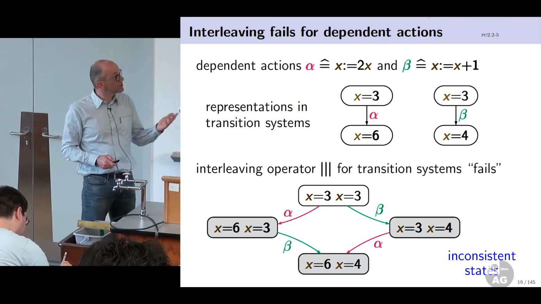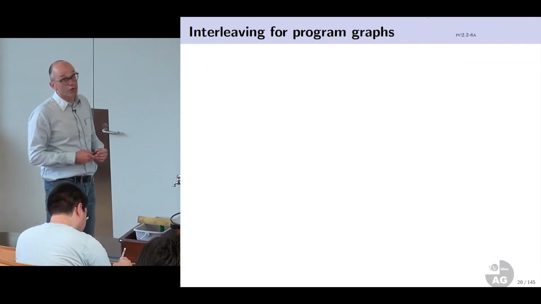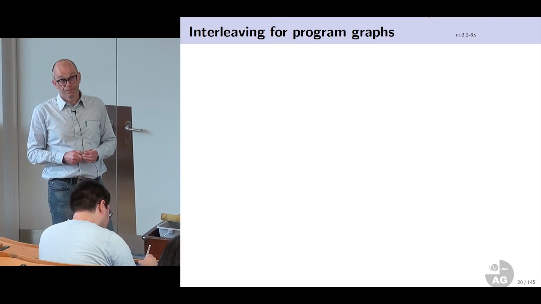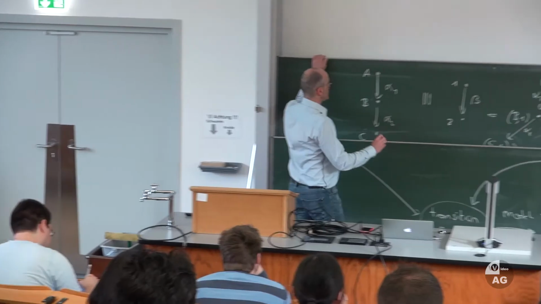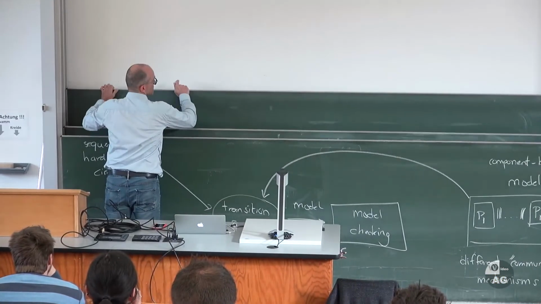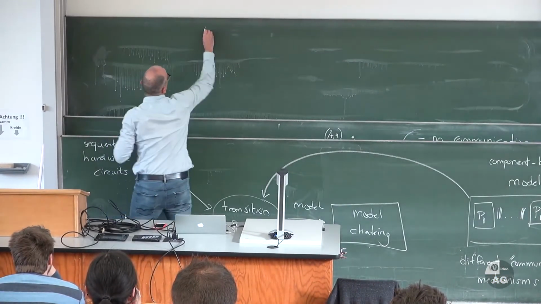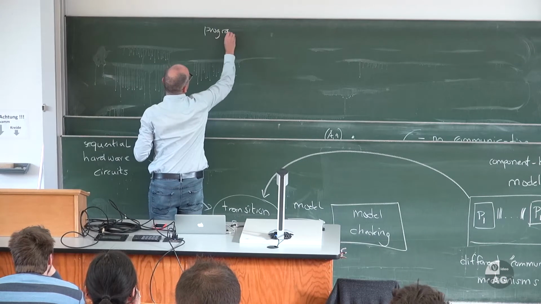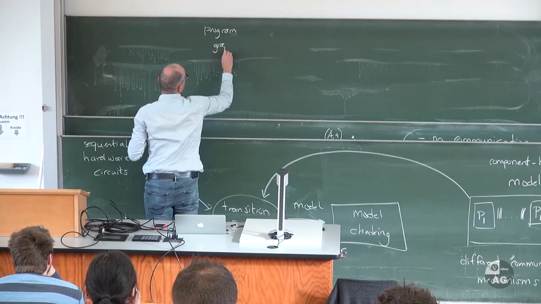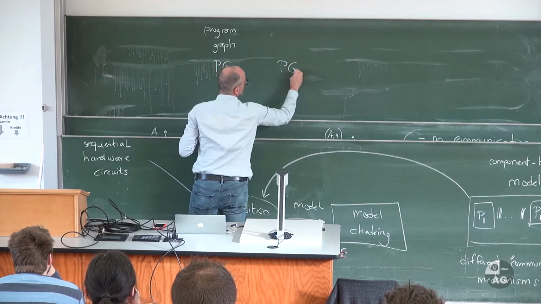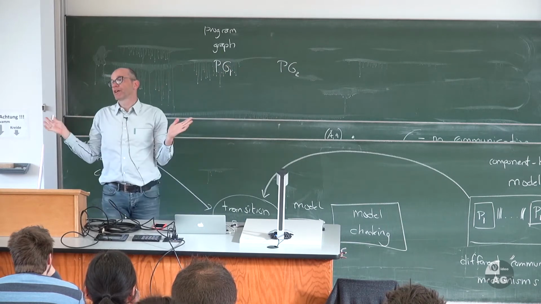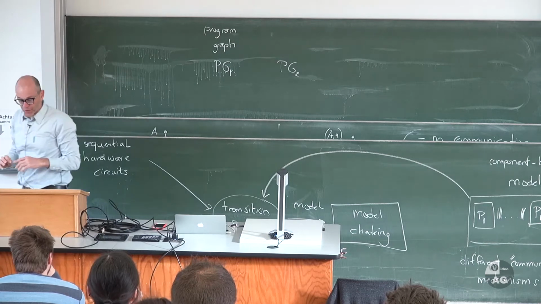So instead, what we are going to do is interleave on program graphs. What I'm saying here is the following. Suppose we have two program graphs, PG1 and PG2. They have some shared variables, x, y, whatever.